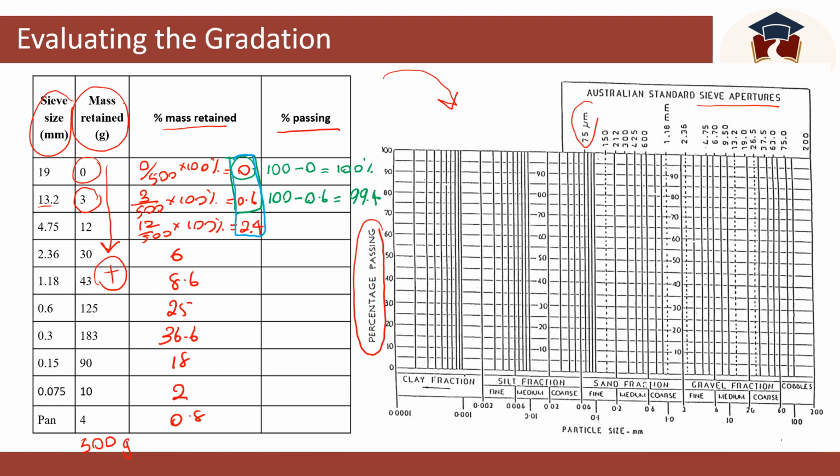The easy way to do that is you use the previous value. 99.4 minus 2.4. So our answer will be 97%.